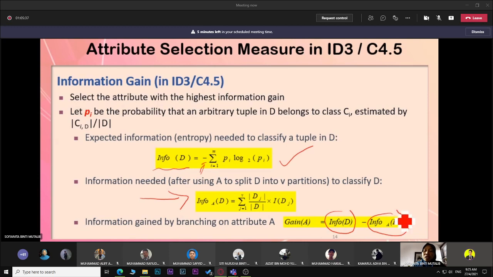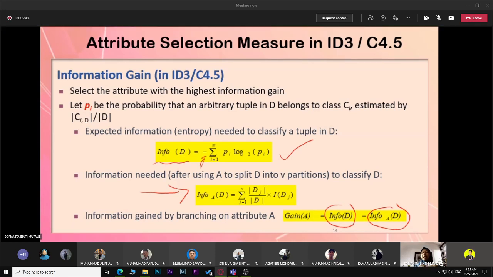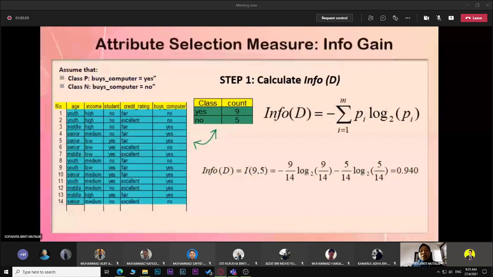Then you check this for attribute A, attribute B, attribute C, attribute D, and so forth. The highest information gain among the attributes will be chosen as the splitting attribute. Okay, understand? Right. Let's do the math.